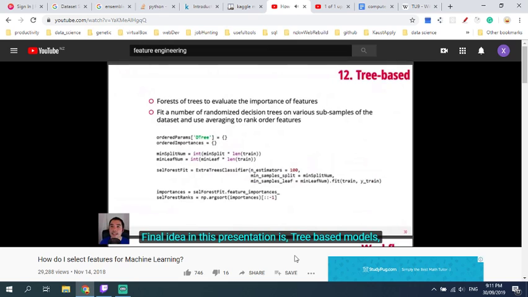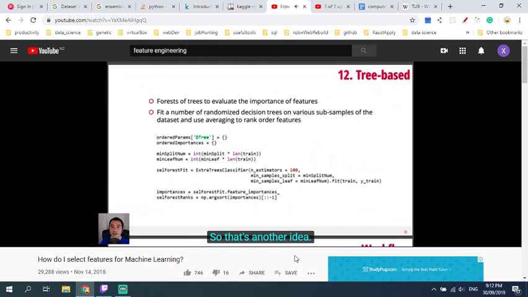The final idea in this presentation is tree-based models. You may know that with ensembles of decision trees, such as random forests and other similar models, it automatically computes something called feature importances. You could set a threshold and say, if my model says a given feature's importance is below a certain threshold, then remove it from the model.